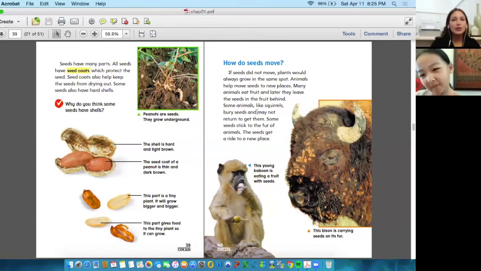So what is another way that seeds move? Some seeds stick to the fur of animals. The seed gets a ride to a new place.